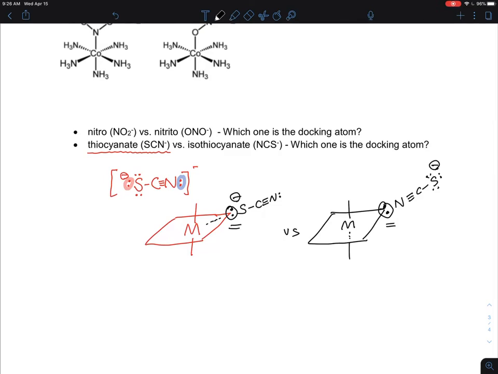Okay. And this case, when the lone pair on the sulfur is making a coordination with the metal center, we call it, as the name suggests, thiocyanato.